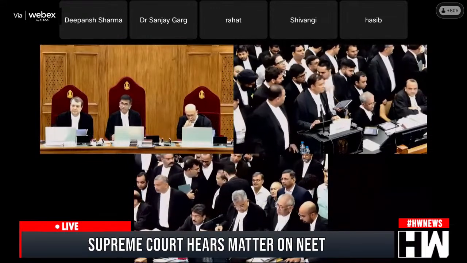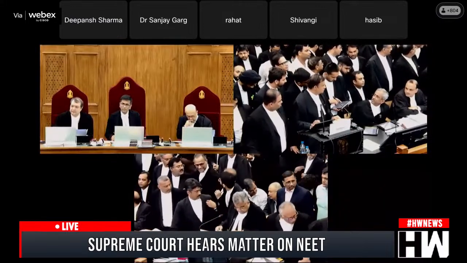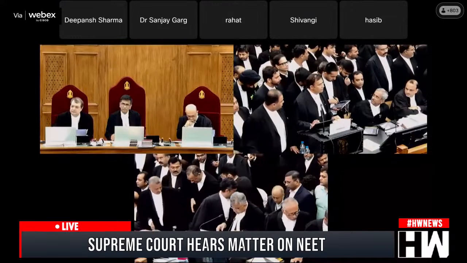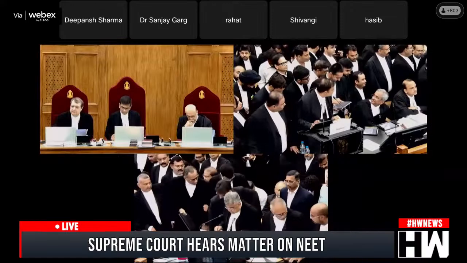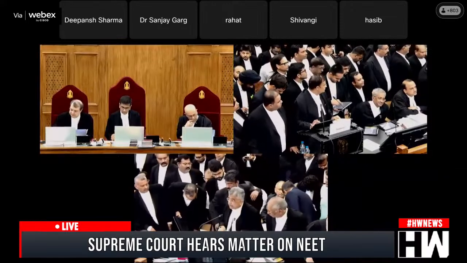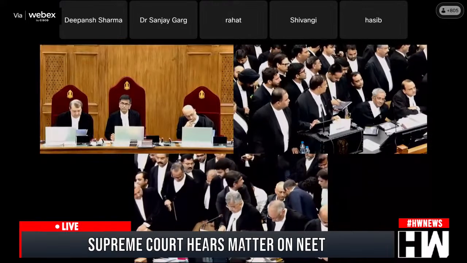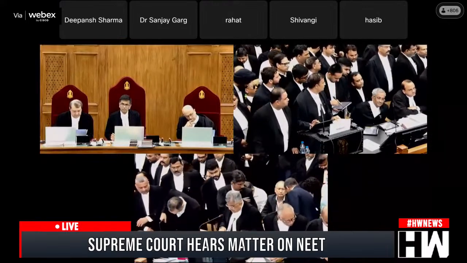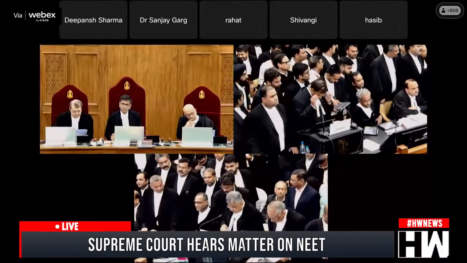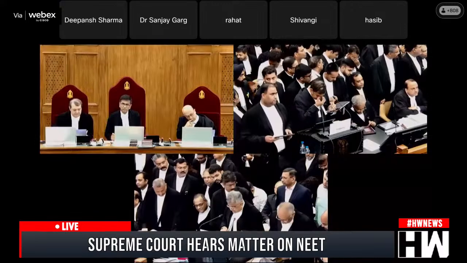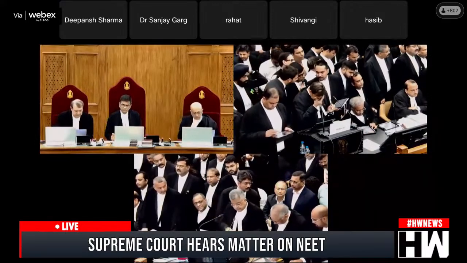How many centers in Patna? My lord, in the first 60,000, earlier, in 2023, Patna had 1993 students. I am reading from the report of the IIT. Now it has come down to 1561 students in the first 60,000.